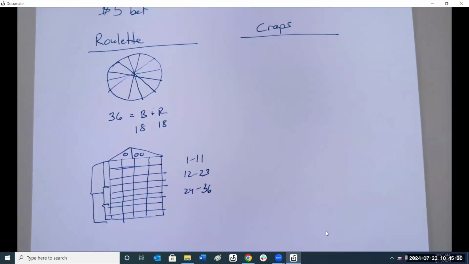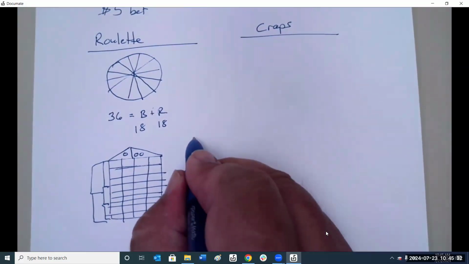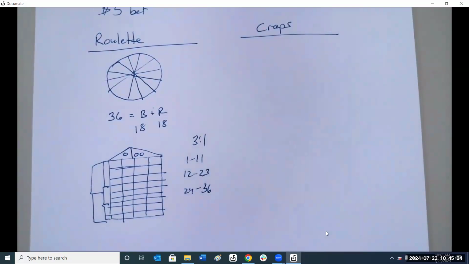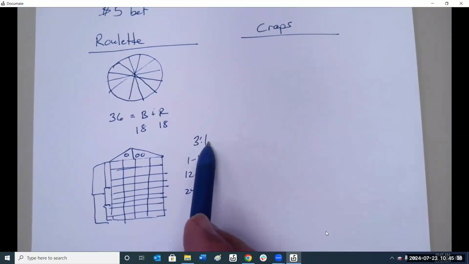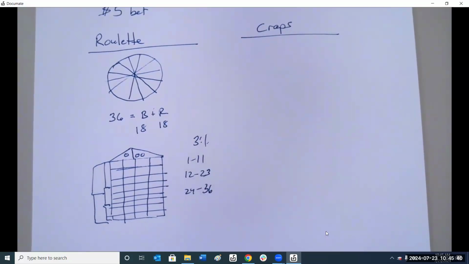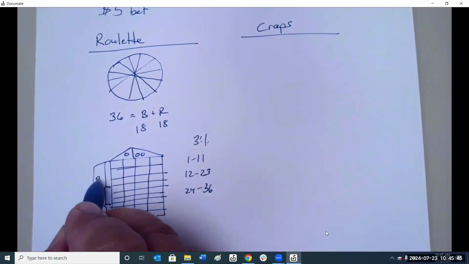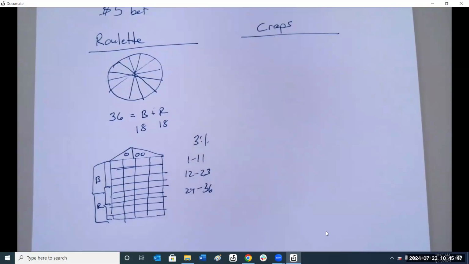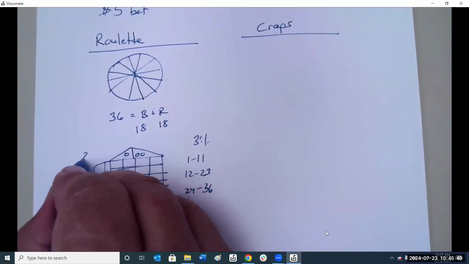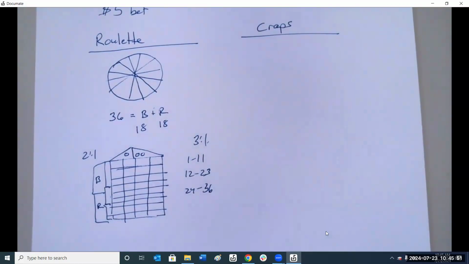You can bet on each one of those. Those are 3-1. What does that mean? If you bet $1, you can get 3 back, because there's 3 possibilities. And then you can have either black or red. These are 2-1. If you bet $1, you can get your initial bet back plus another $1.